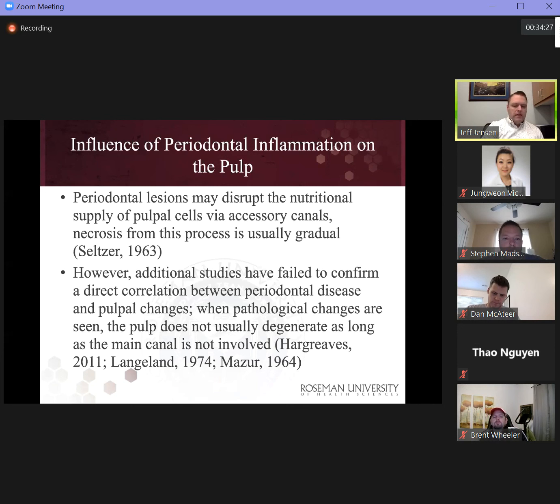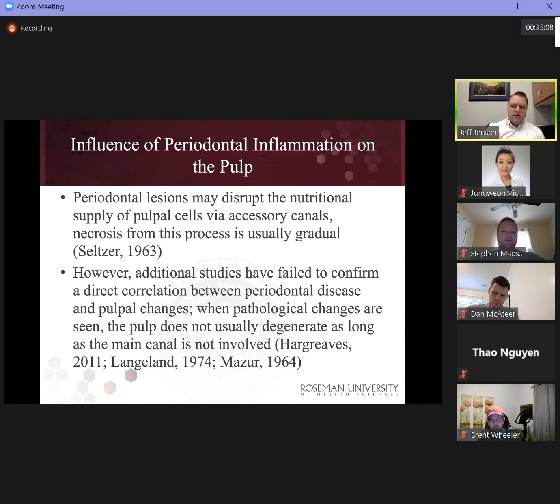So again, this is an older study done a long time ago. Other studies have failed to confirm a direct correlation between periodontal disease and pulpal changes. What they're saying in the second bullet point is that there's not a lot of evidence that if an accessory canal happens to be present and exposed in periodontal disease, the pulp typically does well as far as not degenerating, as long as that main canal is not involved.